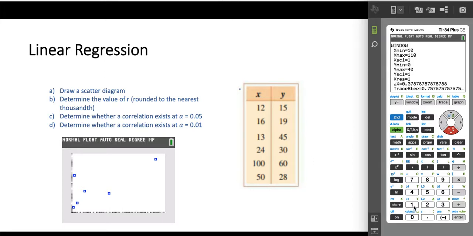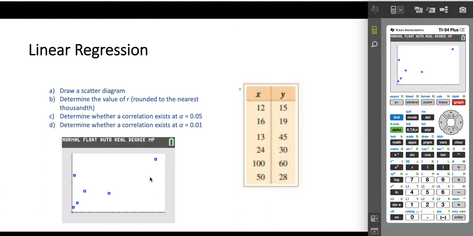So I'm going to start at 10, and I'm going to go up to 65. And then we'll look at the graph. So this is the graph that's showing here. It definitely looks like it's positive, but it doesn't look as strong as our other diagram.